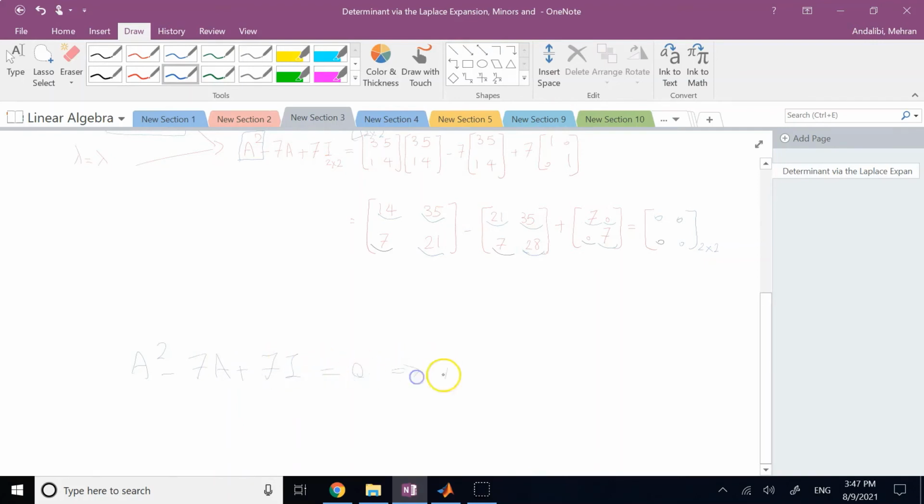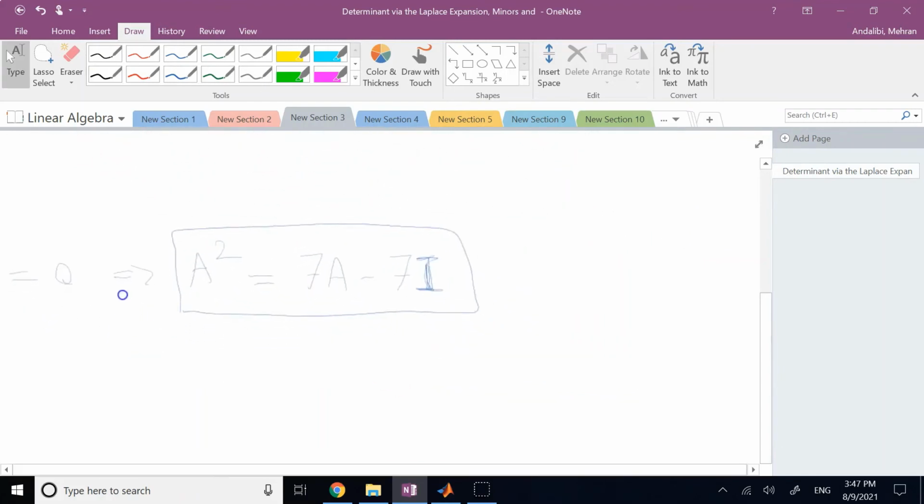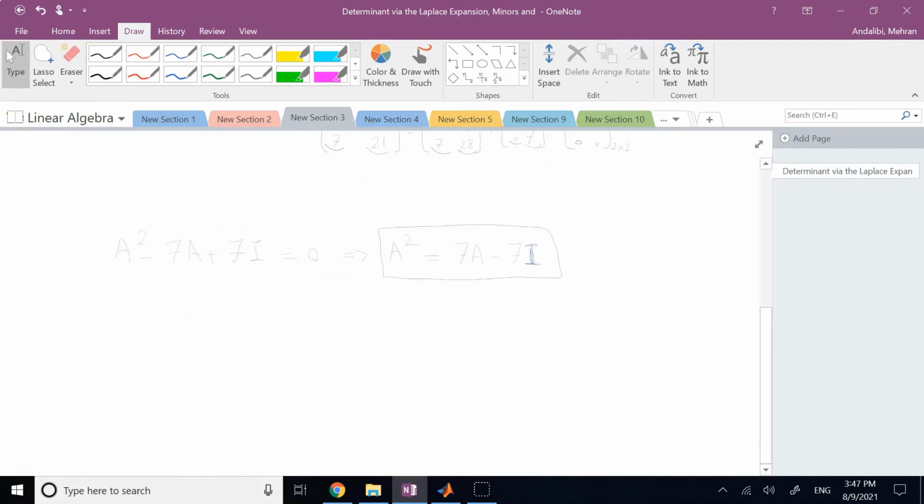Then if I want A squared, I can take these other terms to the right-hand side. It's going to be 7 times A minus 7 times I. So anytime I want to calculate the A matrix to the power 2, I will calculate 7A minus 7I for it instead. And you might say, okay, fine.